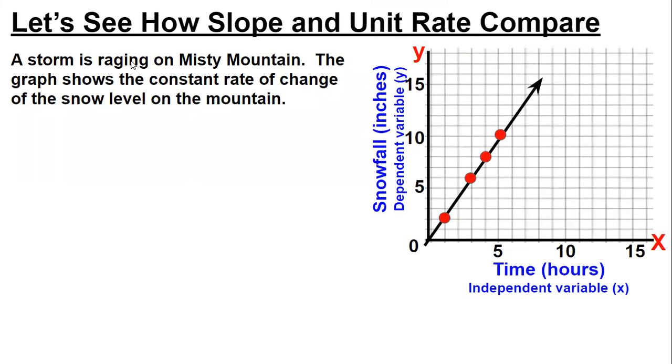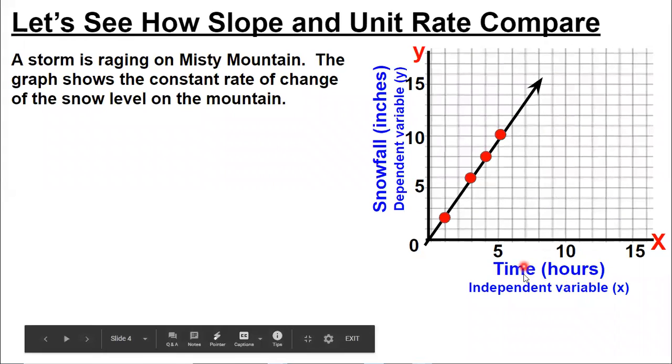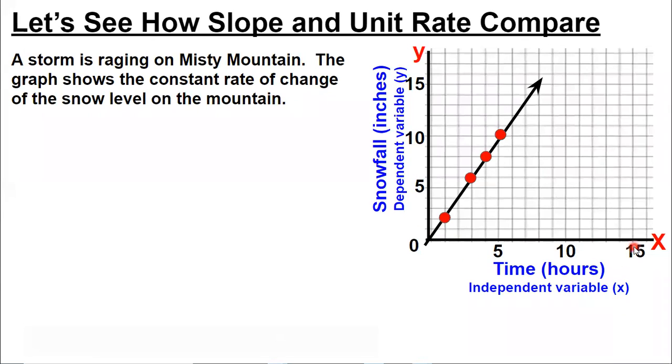Okay, here's our graph. Notice how I have put time as my independent variable. So as time increases, this is a direct relationship. The snowfall in inches also increases. So the snow is dependent on how much time has gone by. That's your dependent variable, y.